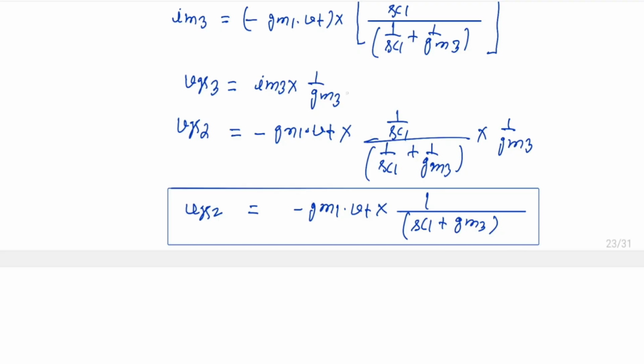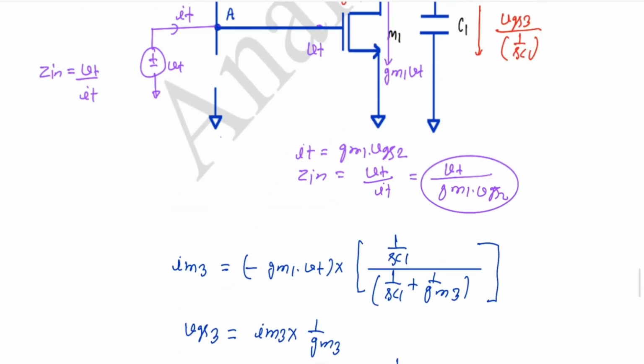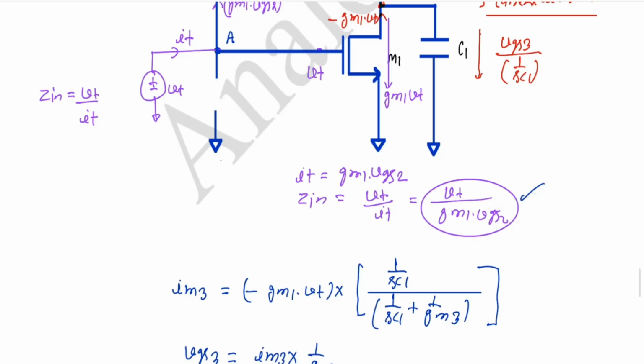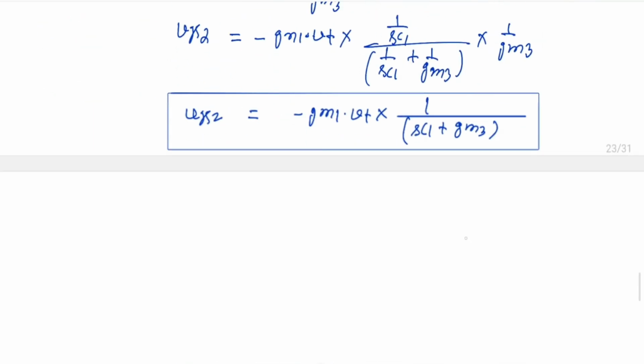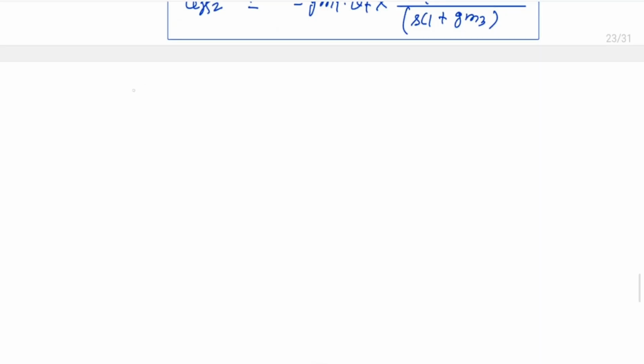Now we will put this Vgs2 value into this equation, that is Zin equals Vt divided by gm1 into Vgs2.